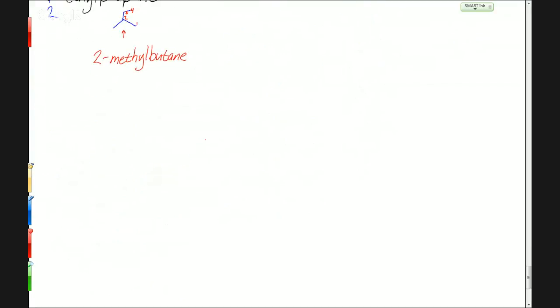I want to talk about 2 categories of organic molecules, our hydrocarbons, and then we'll get into the alkenes, the double bonds. But what we want to look at is saturated versus unsaturated hydrocarbons.